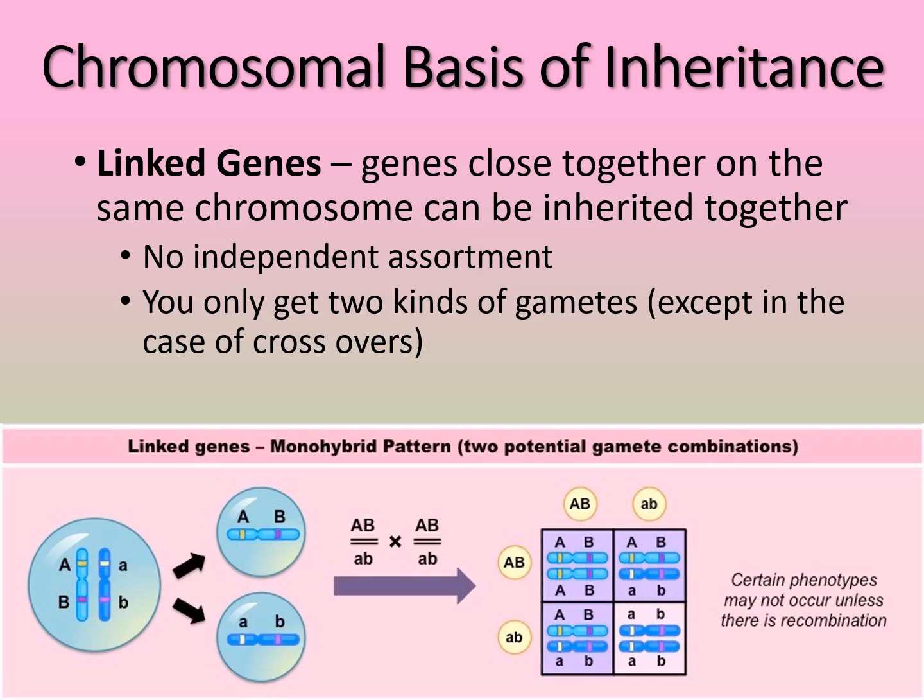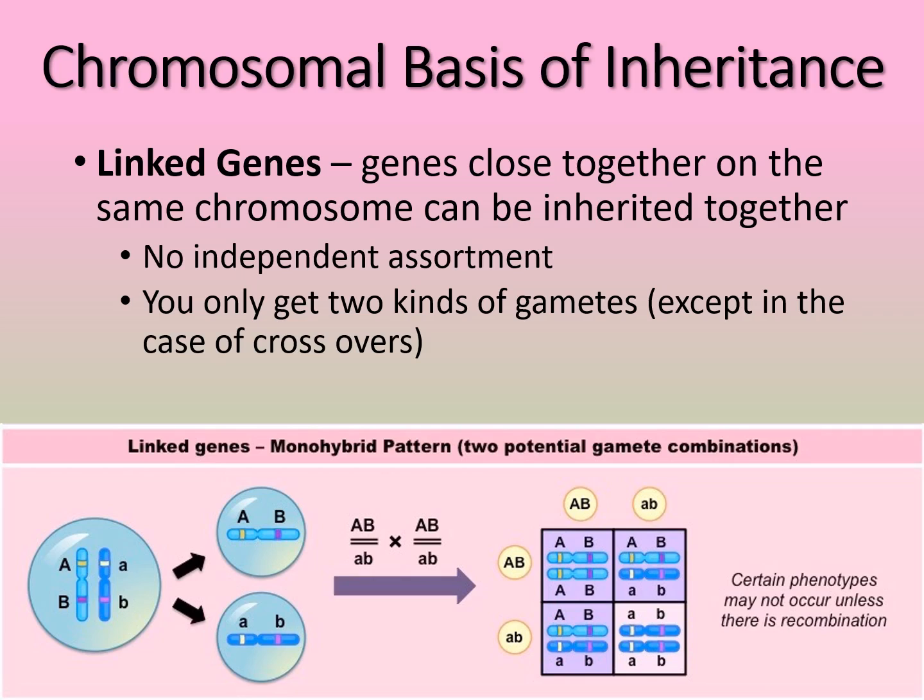So this gets rid of the idea of independent assortment. So there's no law of independent assortment. So you don't get 4 separate possibilities, you only get 2 kinds of gametes. So they go together, right? So if we look at our example below, and we have the 2 genes A and B. So they're really close together on the same chromosome.